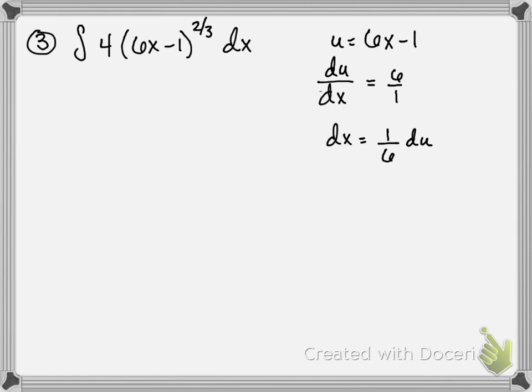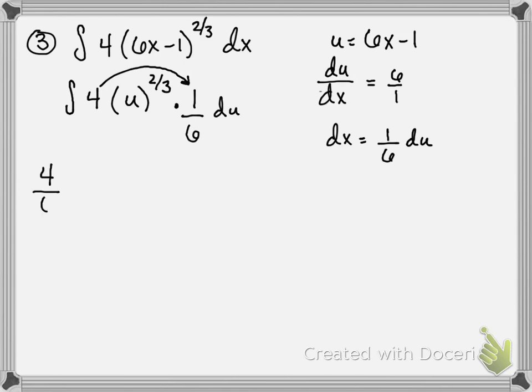So now we have everything that we need to substitute. I'm just going to rewrite. I've got 4 parentheses u to the 2/3 power. Now dx becomes 1 over 6 du. If I multiply this constant through to the 1 right here, we have a 4/6 out front of everything.